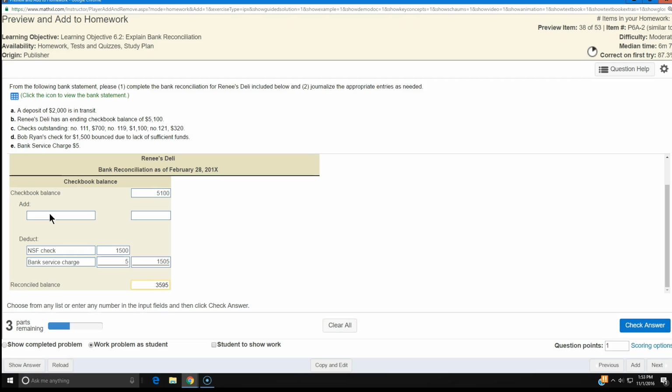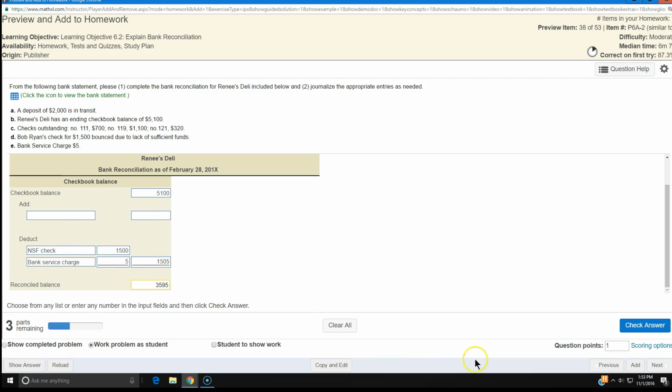So remember, it's always due to the other guy what the first party already did. If the bank added something that you don't have in your books, you add. Likewise, if the bank subtracted something that you have yet to subtract, like the service charge here and the NSF check, you've got to do the same subtraction.